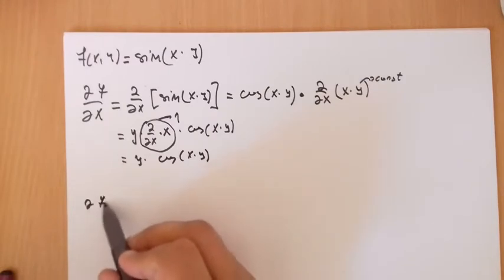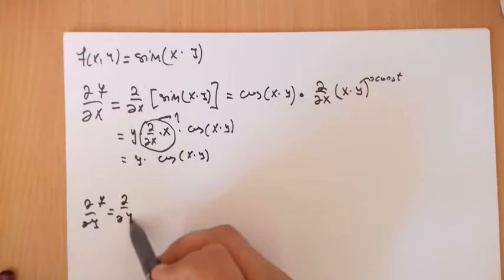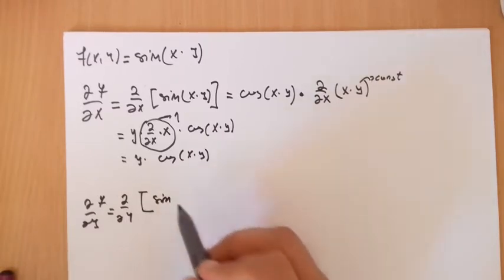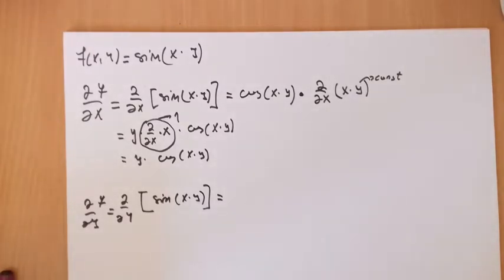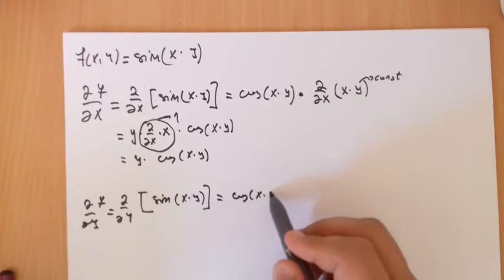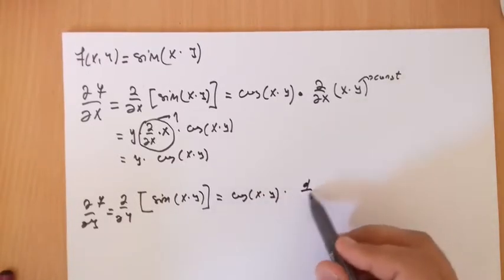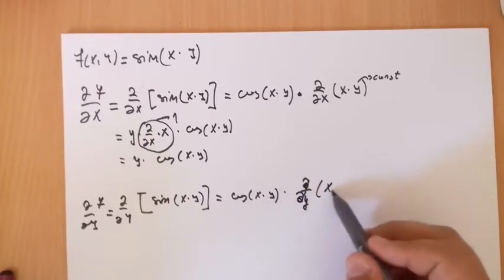I can do partial of y as well, which is partial of y of sine of x times y, which is cosine of x times y, but now we have to take partial of y of x times y.